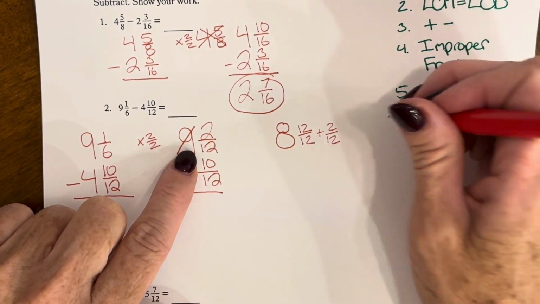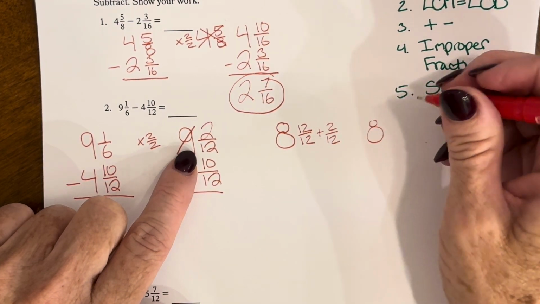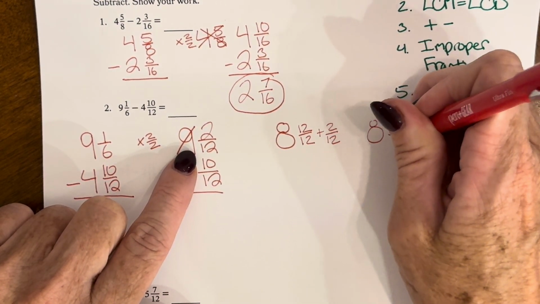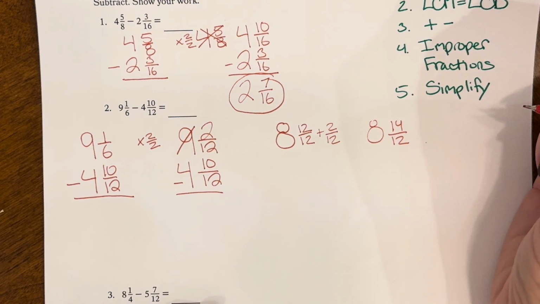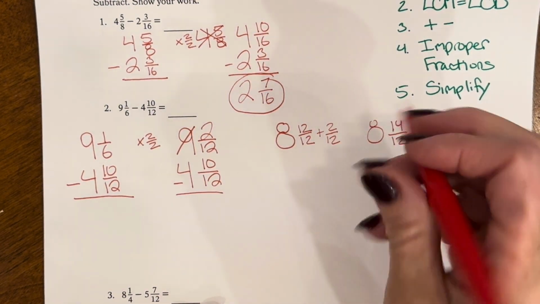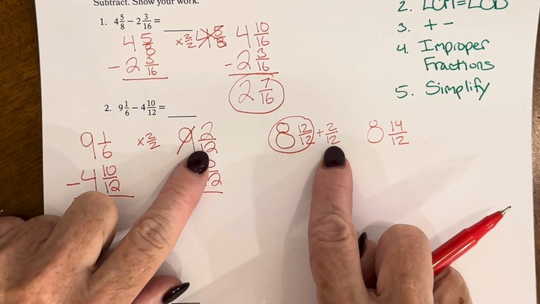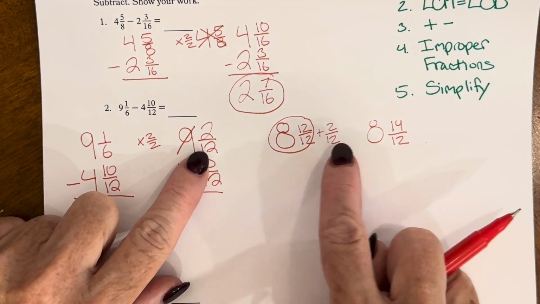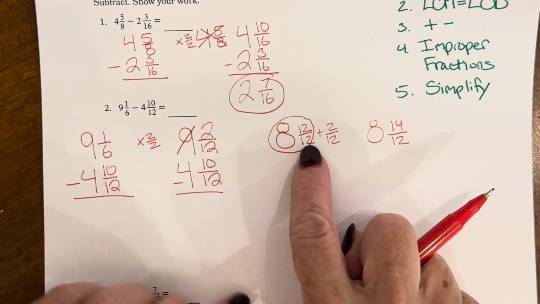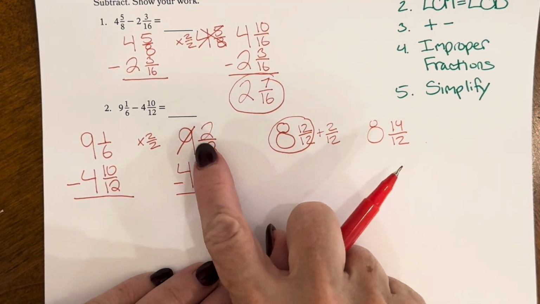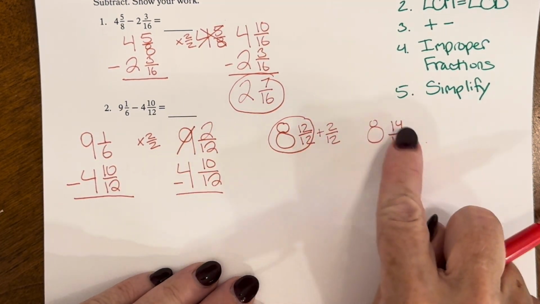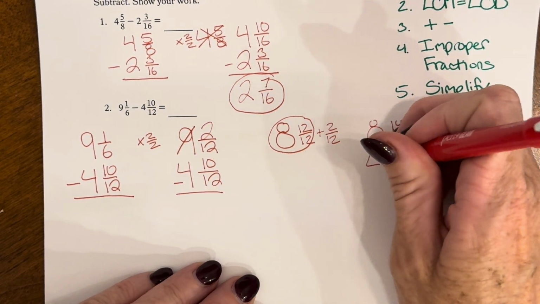So really what I end up with is 8 wholes and 14 out of 12 pieces, because this right here equaled my 9, and I already had the 2 12ths. I needed to make sure I added those. So this is equal to all this and equal to this. I'm just writing it differently.